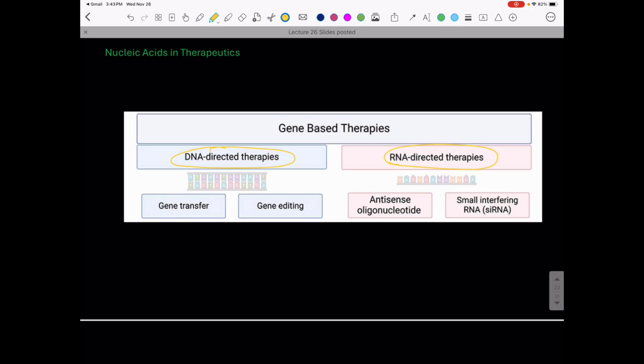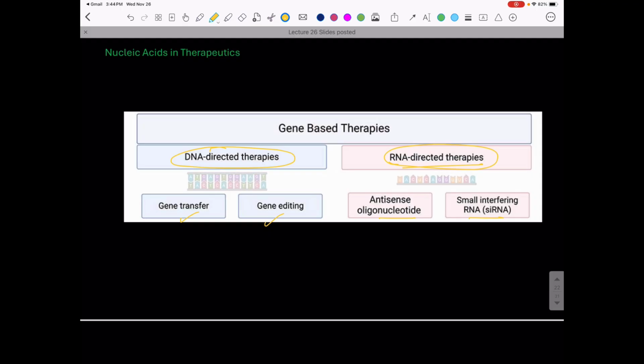Even in the DNA directed therapies, we have gene transfer or gene editing. Some of these are still in the nascent phases in that we don't have applicable therapeutics yet. But they're very promising, and we probably will be able to see some of these applied pretty soon, in the next decade for sure. The RNA-directed therapies like the siRNA or the antisense oligonucleotide were in the process, but we do have a lot of different products that are available in the market.